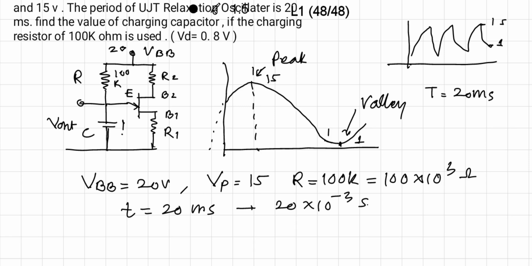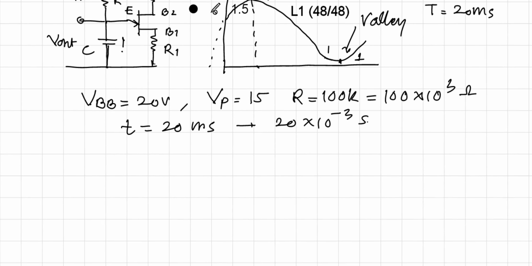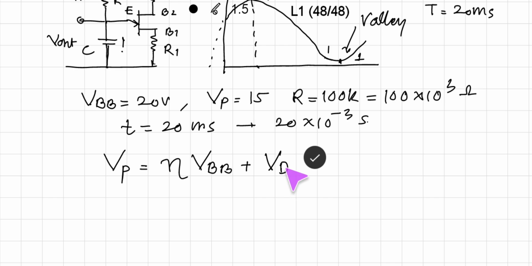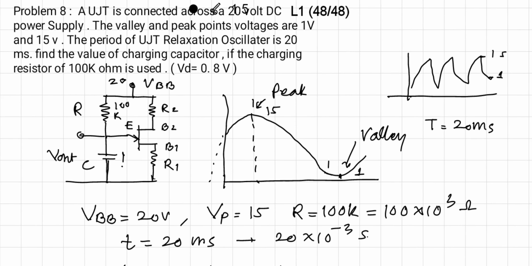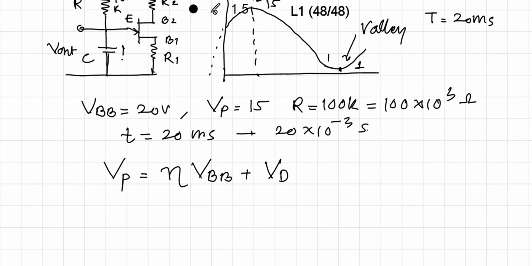We know the peak voltage of UJT is given by the formula we have already studied, VP is equal to eta times VBB, where eta is the intrinsic standoff ratio, plus VD, the voltage across the diode. Here in the problem VD is given, that is 0.8 volt.